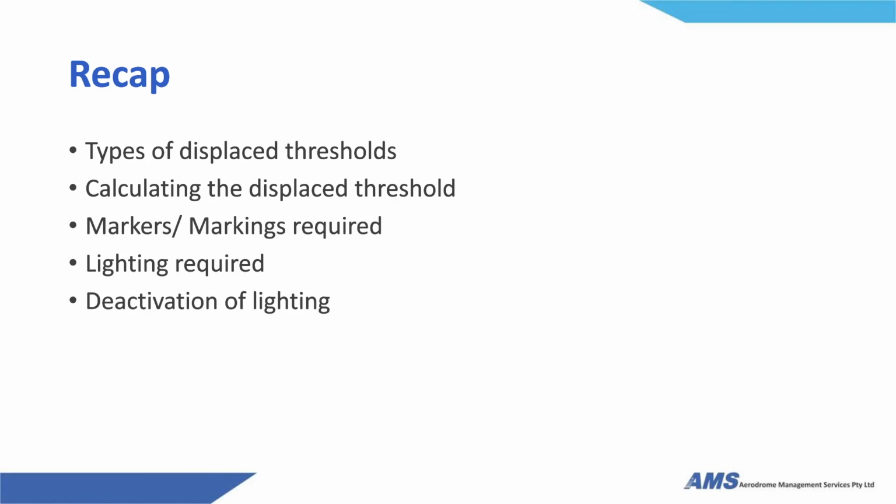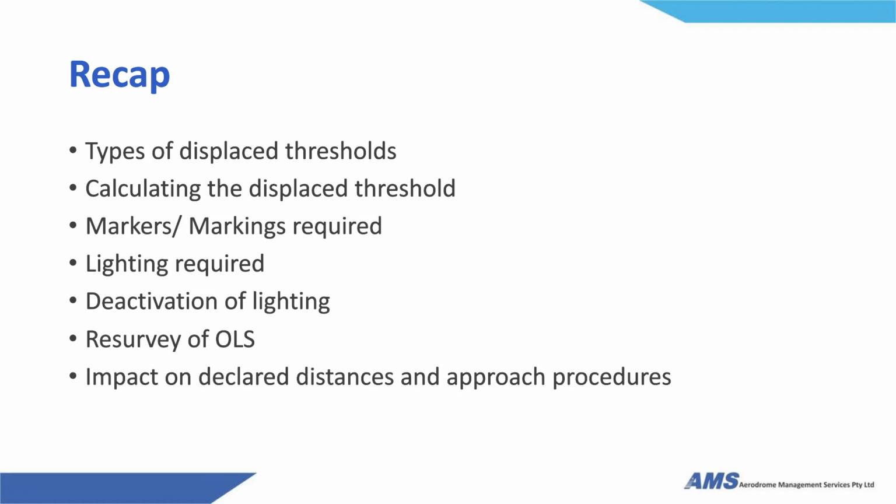The deactivation of any lights within the closed or displaced portion of the runway. And the importance of resurveying our obstacle limitation surfaces. And the direct impact on our declared distances and approach procedures. And NOTAMing, or raising a NOTAM, and advising of our amended declared distances based on our calculations.